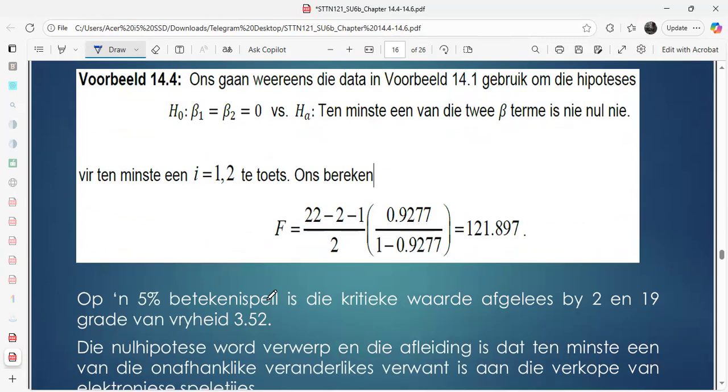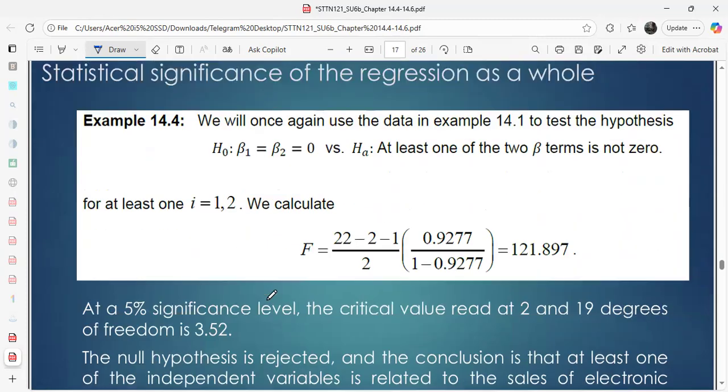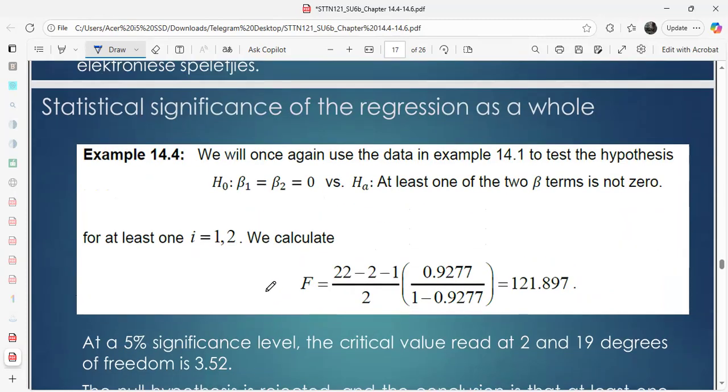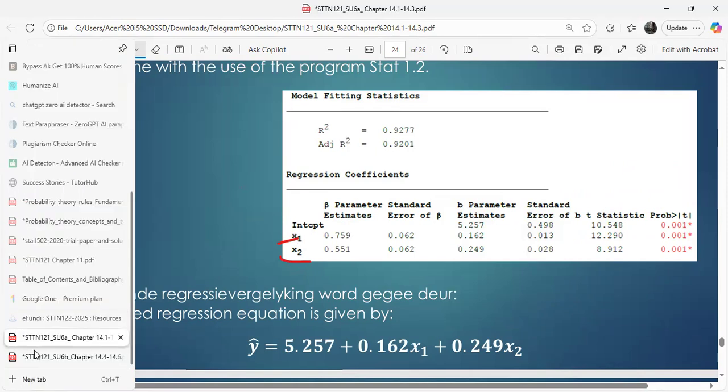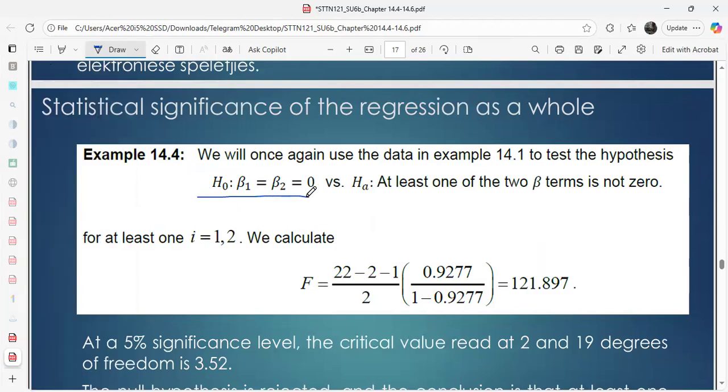Let's check the information that we're given, and this is how we formulate. Remember, here we're only given two intercepts, x1 and x2. When you formulate the null hypothesis, you say H0: B1 is equal to B2, because you only have two intercepts, they're equal to 0.